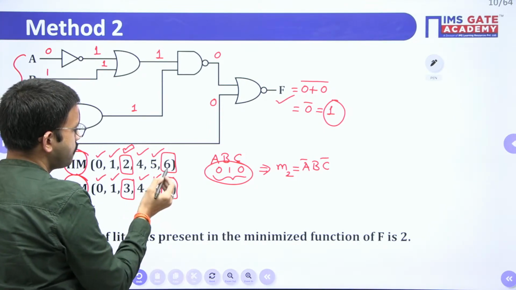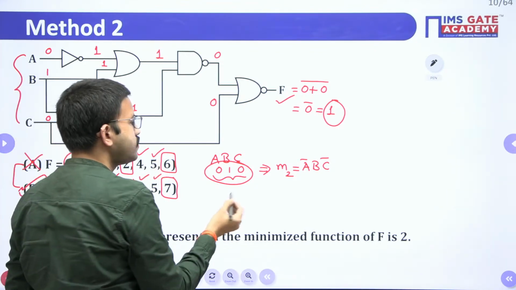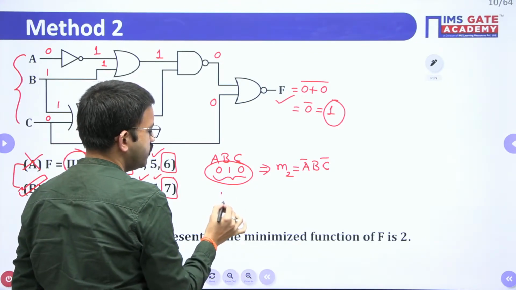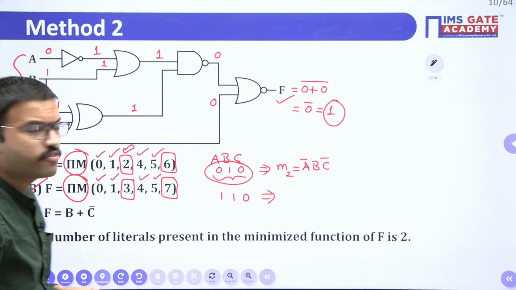Say for example, here you have 6. For 6 also just verify. 6 is nothing but 110.